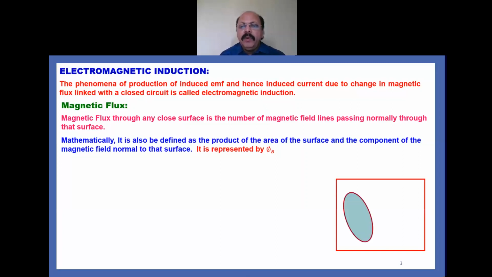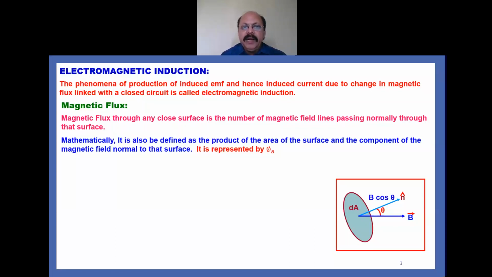This is a small area, say dA, placed in magnetic field B, that is the number of magnetic field lines passing through this area, and the normal drawn on this area is represented by n cap. Then there is an angle theta between the normal drawn onto the area and the magnetic field. Then the component of magnetic field along the normal is B cos theta.